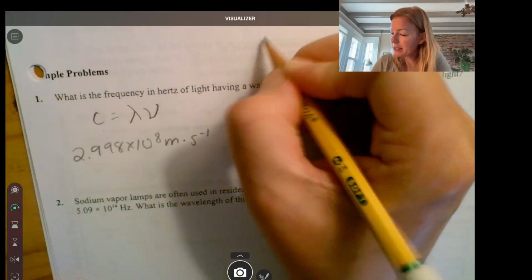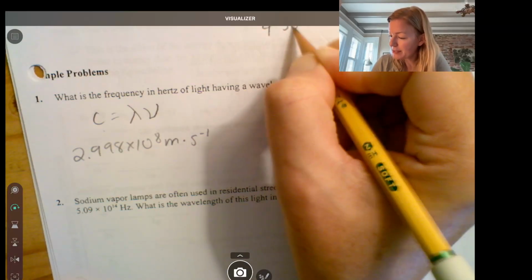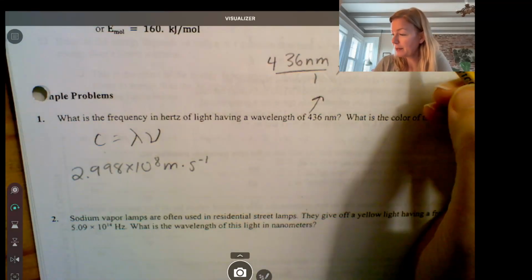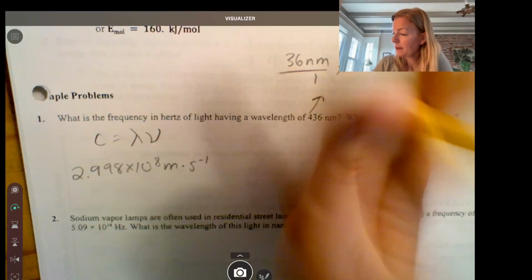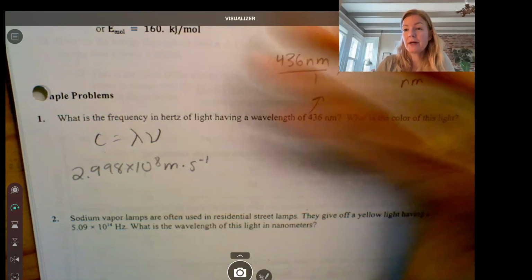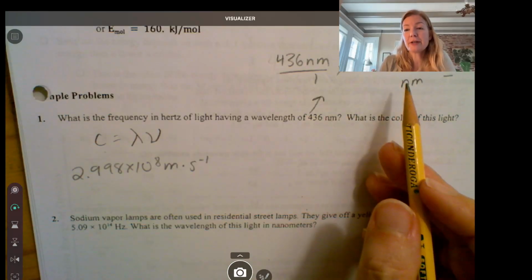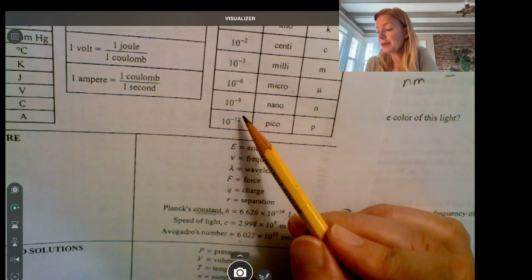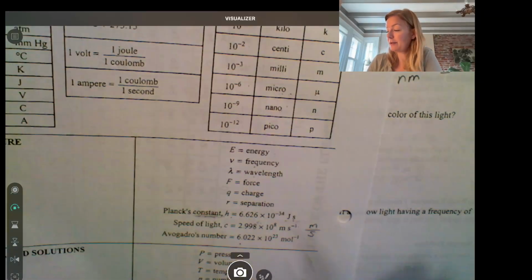So we're going to do a little side conversion, 436 nanometers. Do some dimensional analysis. Throw nanometers under the bus. We want to get to meters. A nanometer is very small. If you look back at your formula sheet, a nanometer is a billionth of a meter, or 10 to the -9th meters.